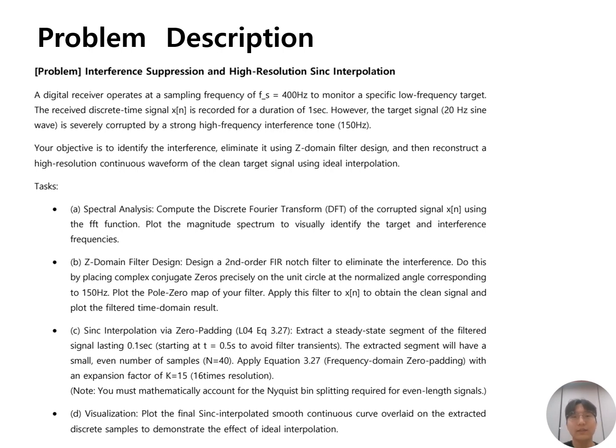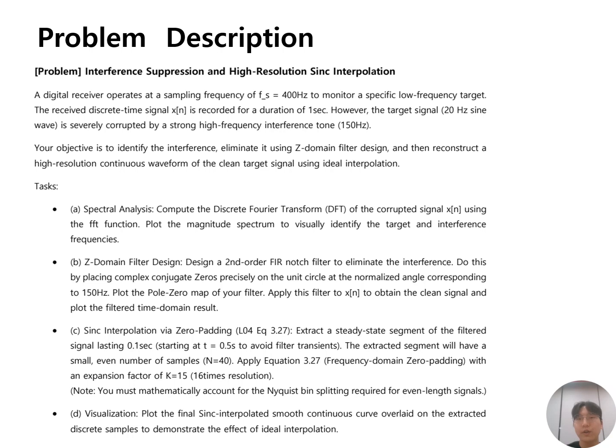You can think of this scenario like trying to measure a slow, rhythmic biological signal, such as a heartbeat, while a high-frequency machine nearby injects heavy electromagnetic noise into the sensor. In the time domain, this high-frequency noise completely masks the low-frequency target, making direct observation impossible.